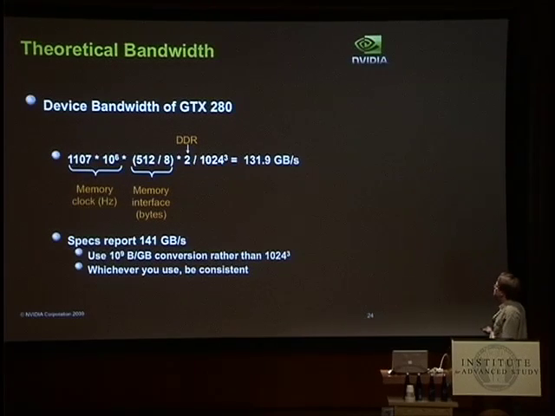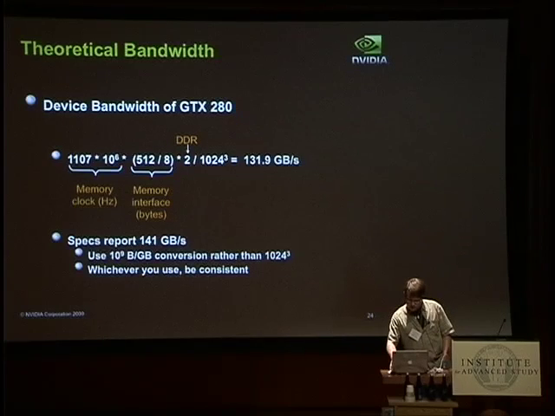If we prefer to think of 10 to the 9, then some people will put a 10 to the 9 in the denominator. When you're comparing your performance versus someone else's, some published performance, these little differences actually matter. So you just want to be consistent: either use 10 to the 9 bytes in a gigabyte or 1024 cubed. It makes a difference.